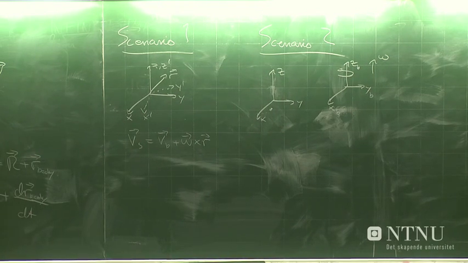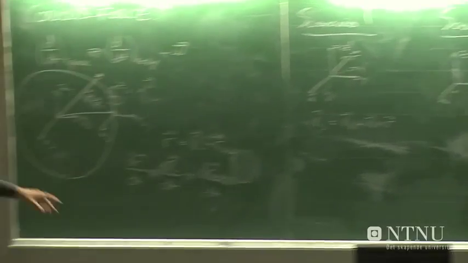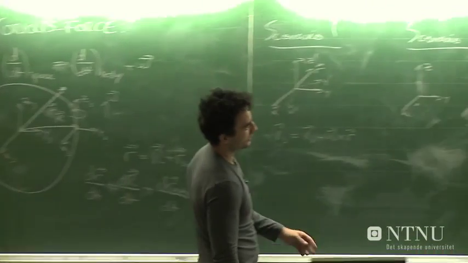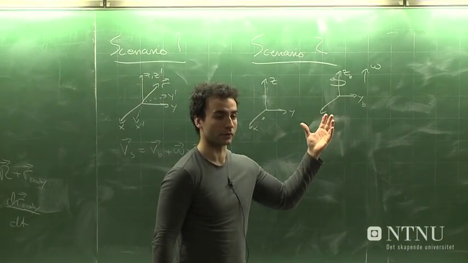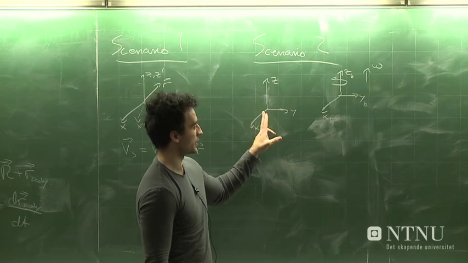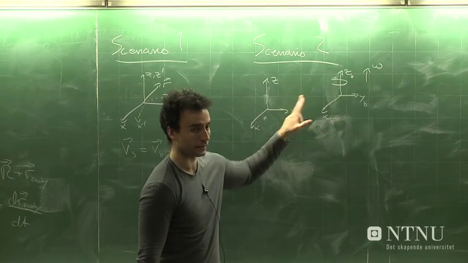And consider now the second case, which we have illustrated here, in which we still have a rotating system, but now the origin is different from this one. So there's a vector connecting the origins.